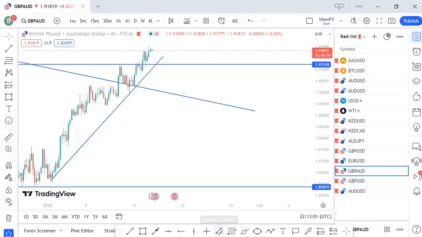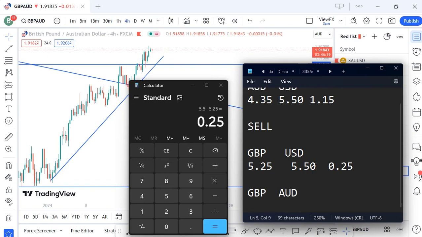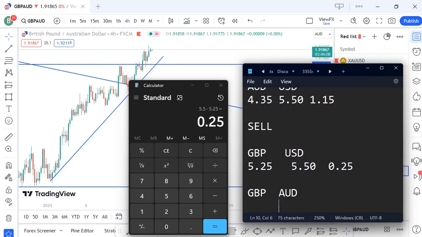Great Britain Australian dollar. So let's check that as well. So we have Great Britain, and we have Australian dollar, and we can see Australian dollar is 4.35, and Great Britain, you can see here, is 5.25.